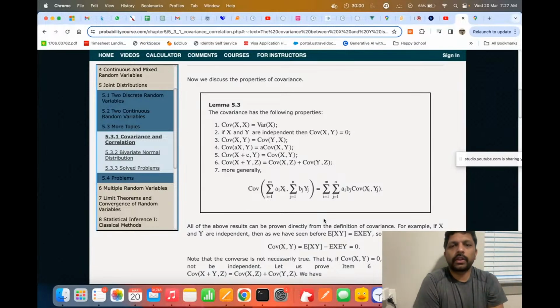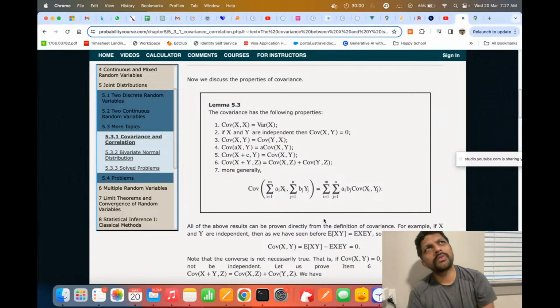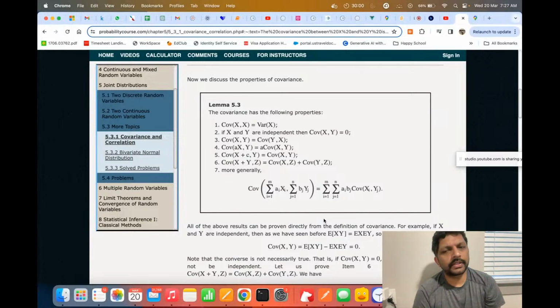The above results can be proven directly from the definition of covariance, for example, if x1 y1 plus x2 y2 plus so on xn yn by n minus x1 plus x2 plus x3 plus so on xn into y1 plus y2 plus y3 by n.